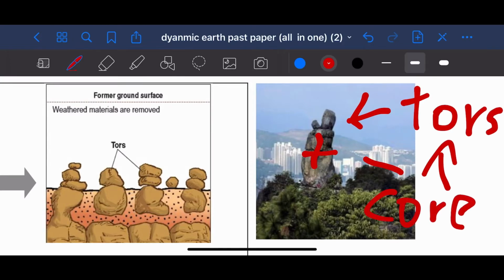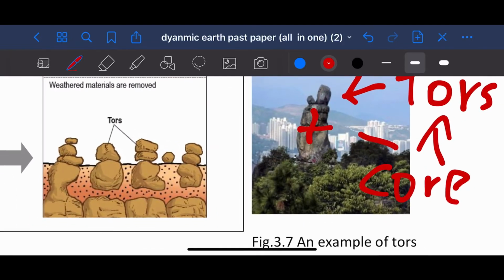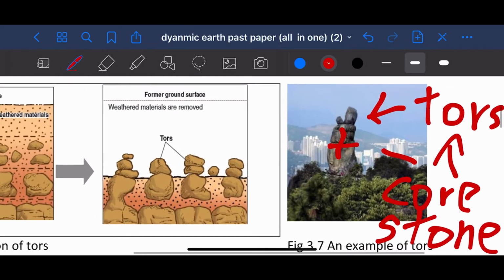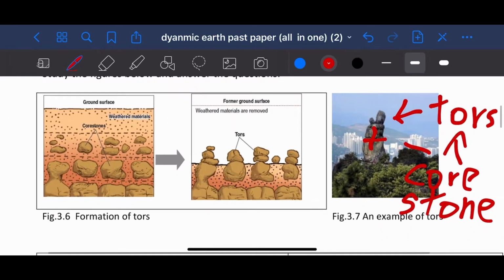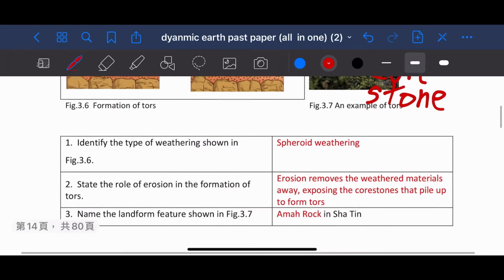And you can see the so-called head of the Amah Rock. The head of the Amah Rock is a kind of core stone already. So they are piled together and form a tor, and that's how Amah Rock is formed.